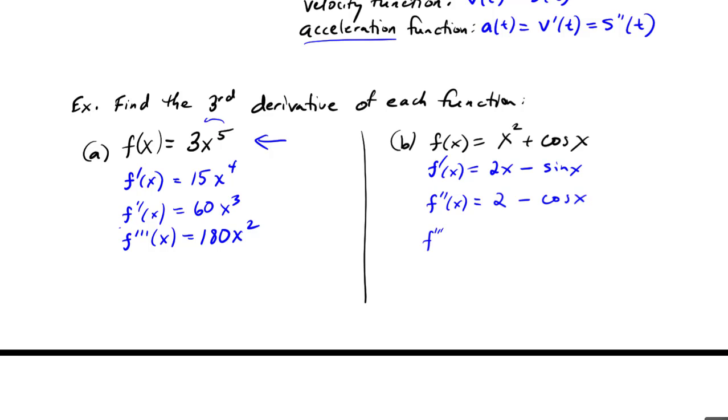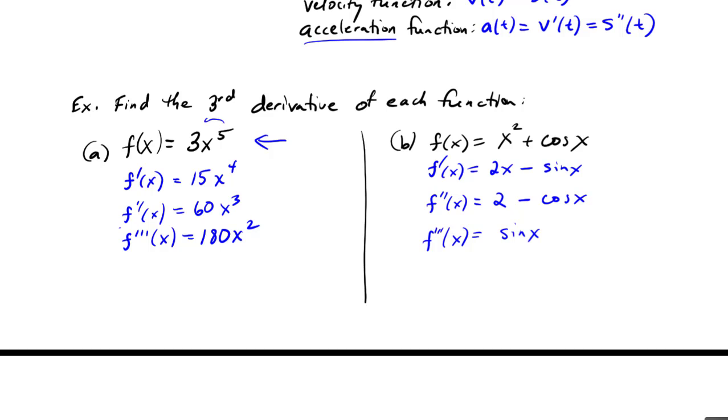And then the third derivative of 2 is 0, so that's gone. Then I have minus cosine x becomes minus minus sine x, so this becomes positive sine x. So I end up with the third derivative being sine x.